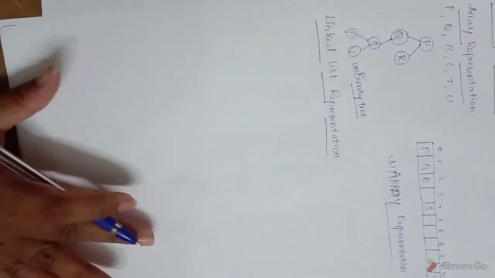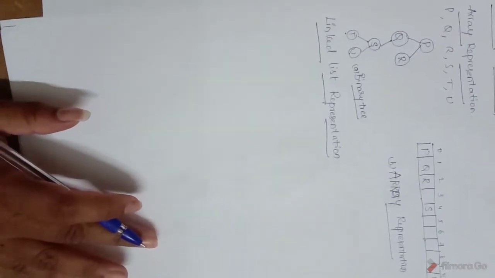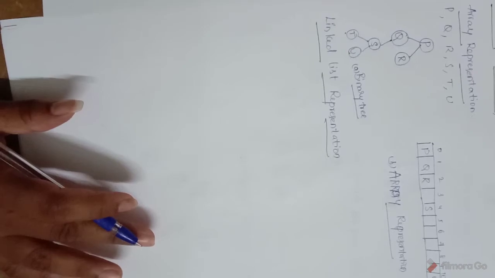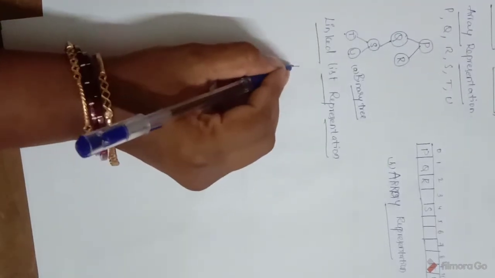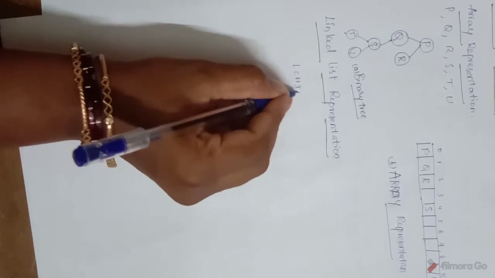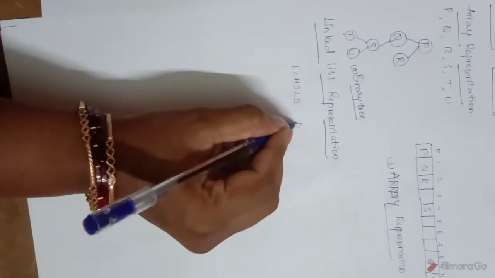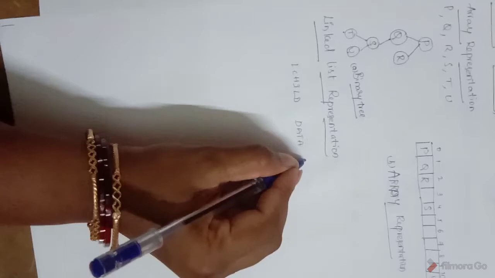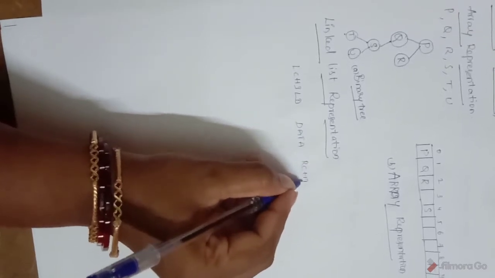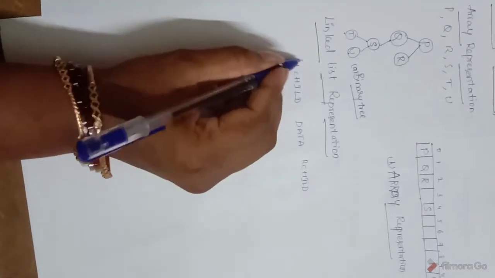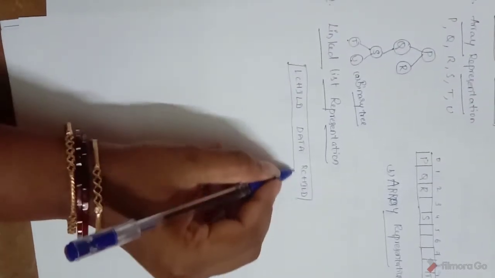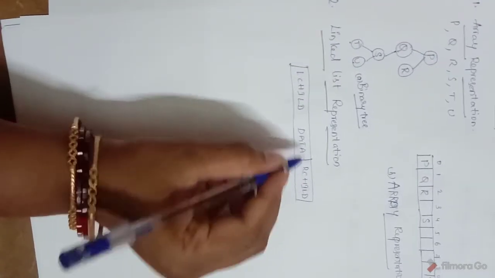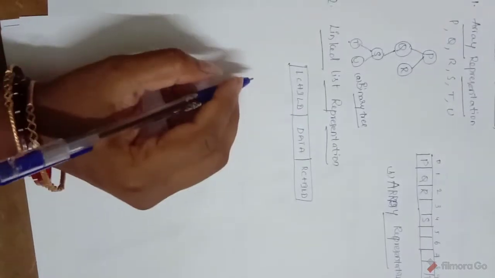Now we are going with the linked list. In linked list we are considering the double linked list. Left child element in the left side, data in the middle, right child in the right side. In this way we will create the node over here.